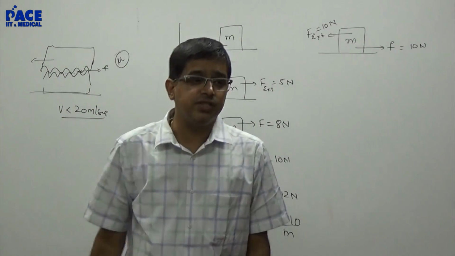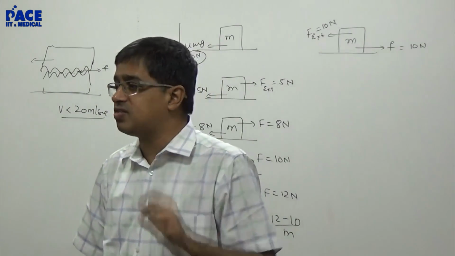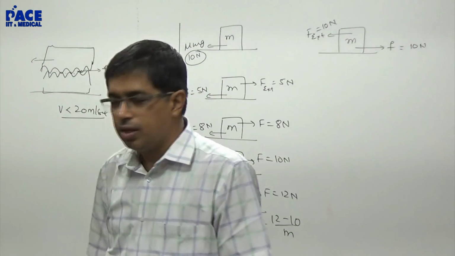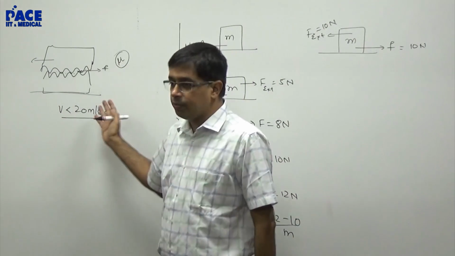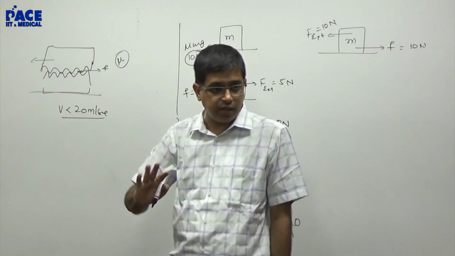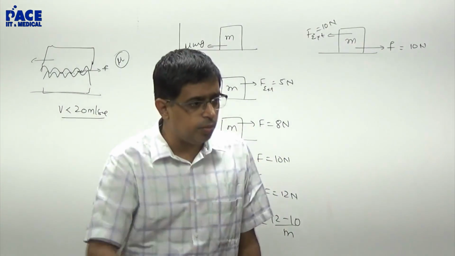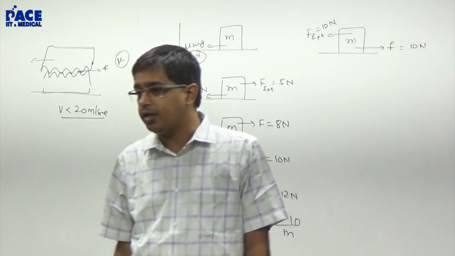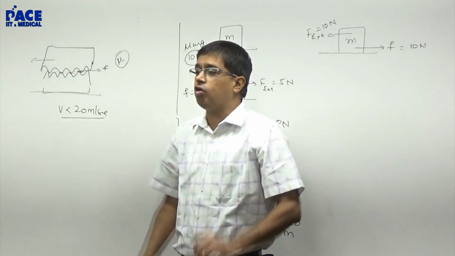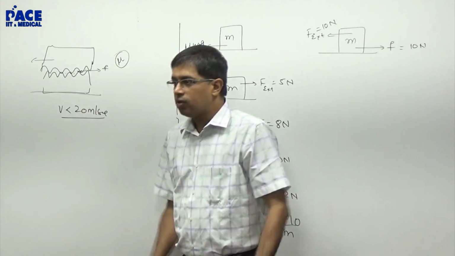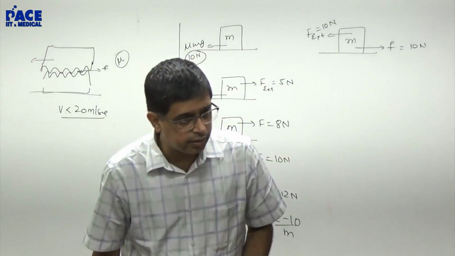In fact, HCV says it will be more appropriate to consider the velocity less than 10 meters per second. We will not bother about it. In some problems, we will even reach 100 meters per second, yet we will use the same theory. But for practical reasons, the velocity should be comparable to 10 meters per second. If not, these peaks get chopped off and the value of mu will change. For us, in the problems, the value of mu remains constant.